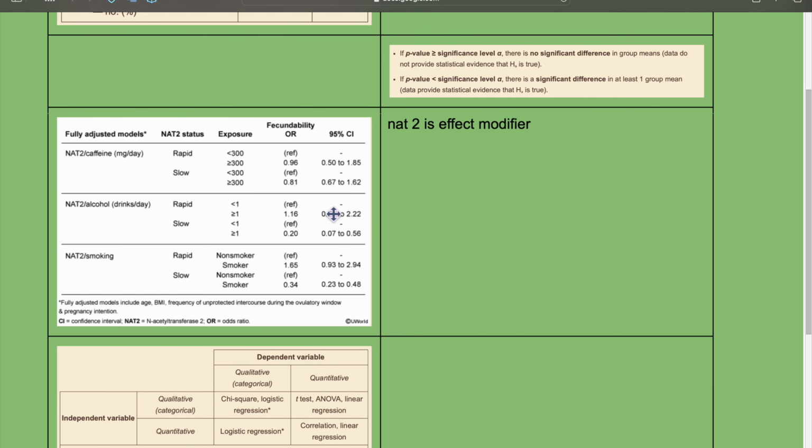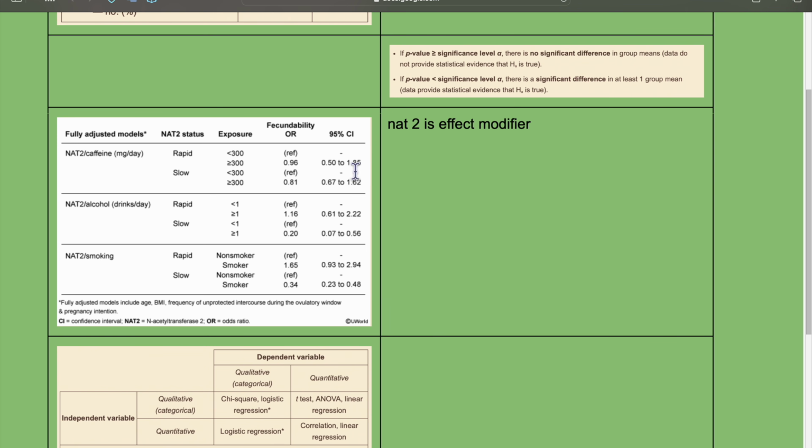So when you have 1, that means there is no significant difference, or there is no increase or no decrease in effect. So in effect, as in the caffeine being exposed to NAT2, whatever it does, that difference basically.